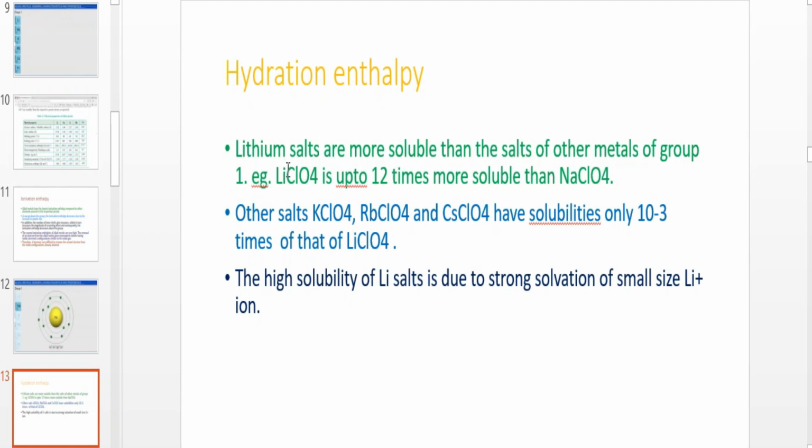Lithium chloride, one of the salts of lithium, readily dissolves. It is 12 times more soluble than sodium chloride. Likewise, potassium, rubidium and cesium salts have a solubility of 10 to the power minus 3 times that of lithium chloride. Why does lithium exhibit this readily soluble tendency? Because the size of lithium is very small, it can readily dissolve in water.